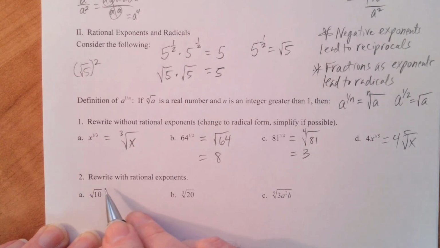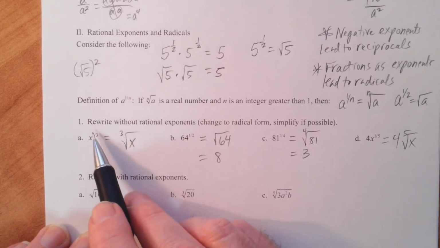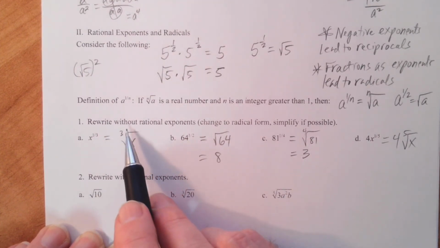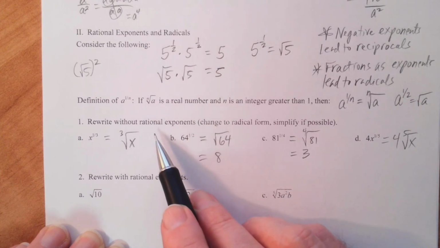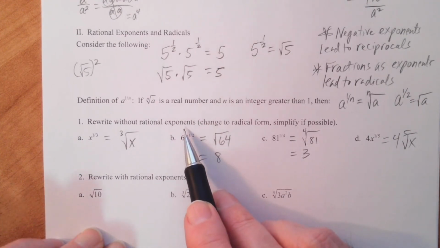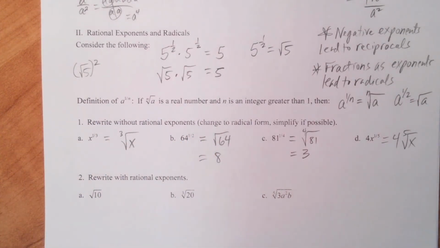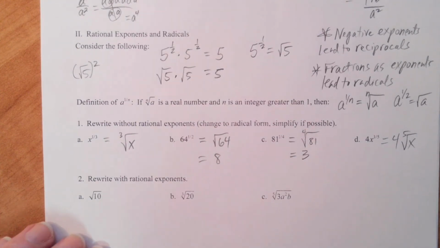All right, so I'm sorry, I should probably have been a little more clear here. We were rewriting these without rational exponents, basically changing them to radicals and simplifying them if we could. So now we're going the opposite. We're going to rewrite with rational exponents. That's fractions as exponents.